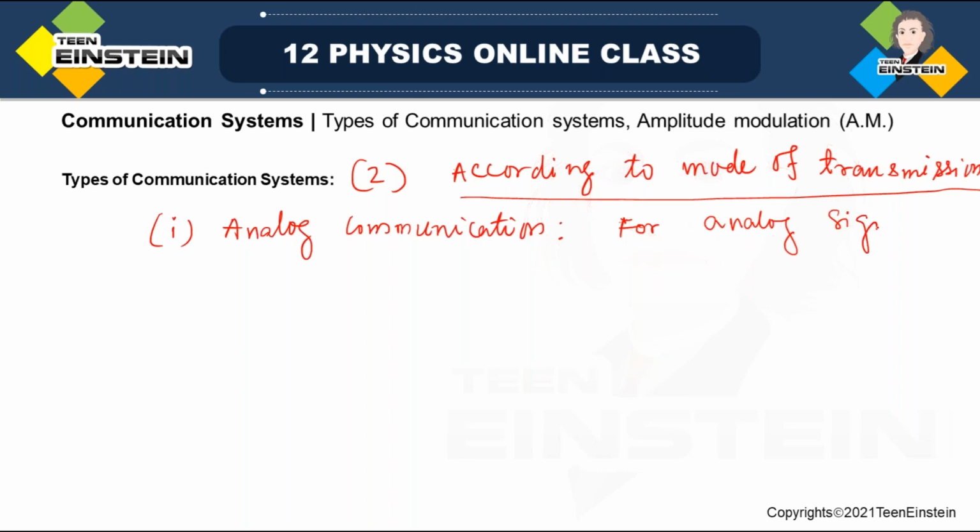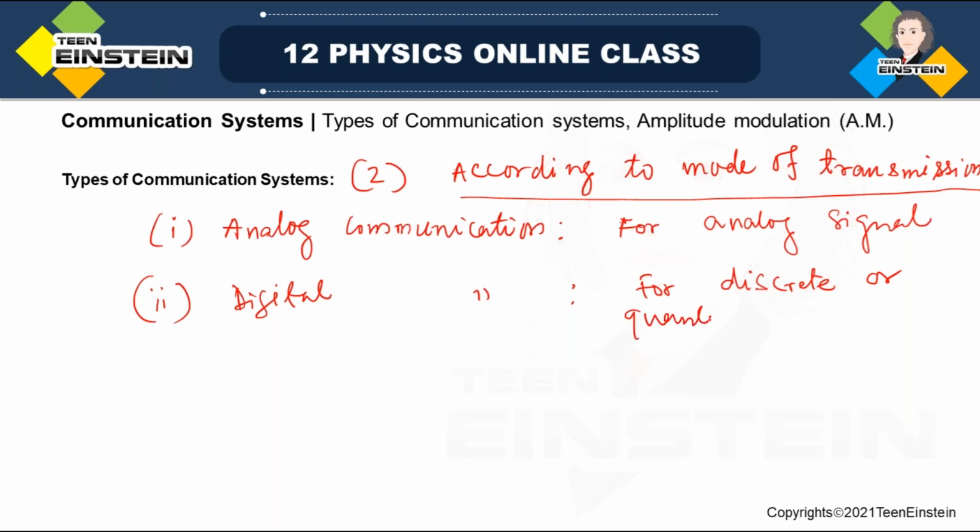And digital communication, this is for pulse or quantized or discrete signal, while analog is for continuous signal.